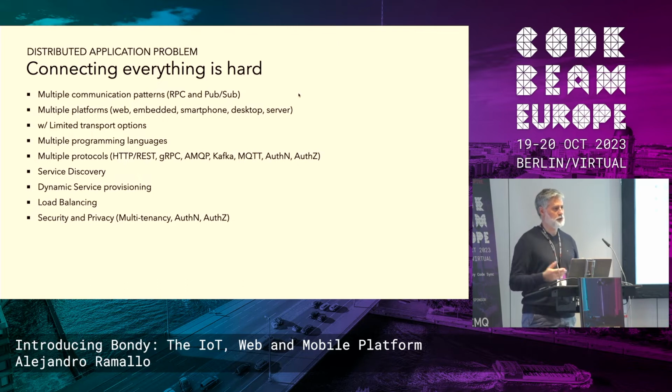You might need multiple programming languages, and you end up with multiple protocols, right? You possibly use HTTP and REST for the web application because that's what the web team would like to do, and that's what they're used to doing. But then maybe the microservices guys will like to use gRPC for inter-service communication. You might use AMQP, RabbitMQ, Kafka. If you want to connect devices, you end up using MQTT because why not?